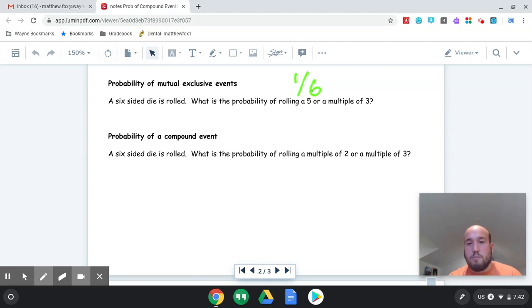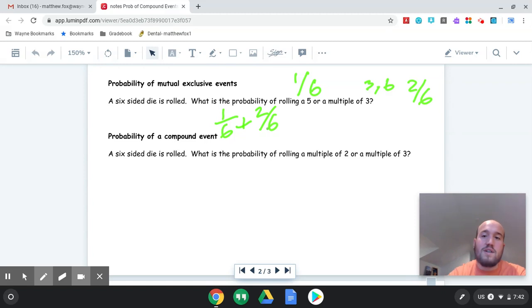Now, for a multiple of 3, that would be the numbers 3 and 6. Both of those are multiples of 3, so there is a 2 out of 6 chance. At the end, we will want to reduce, however we don't need to reduce until the end. So if we add those two together, 1/6 plus 2/6. Now let's decide, are these mutually exclusive?